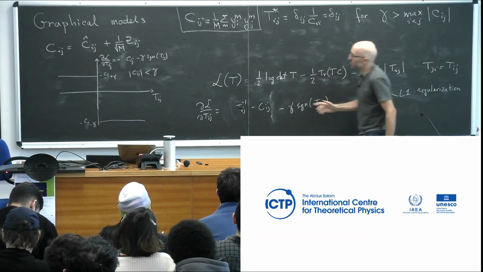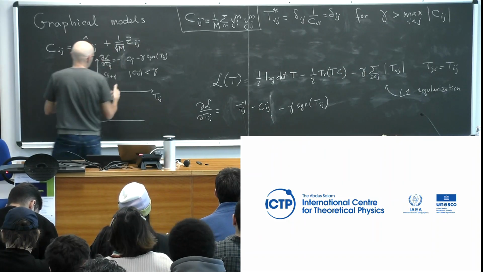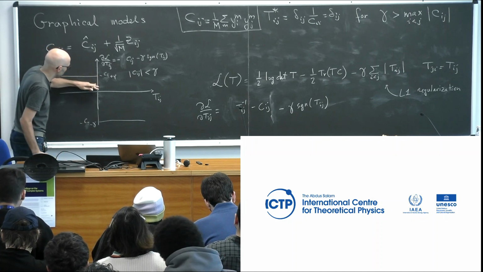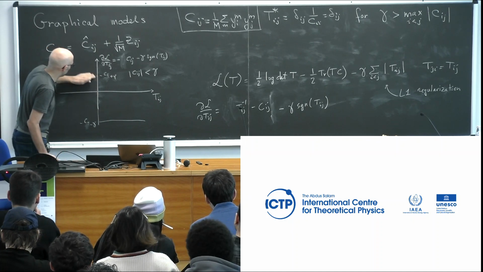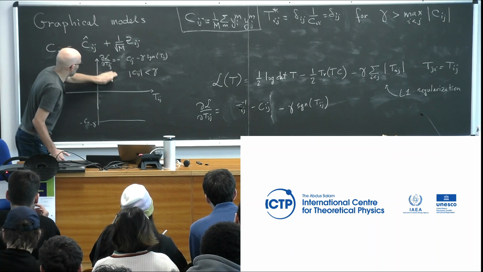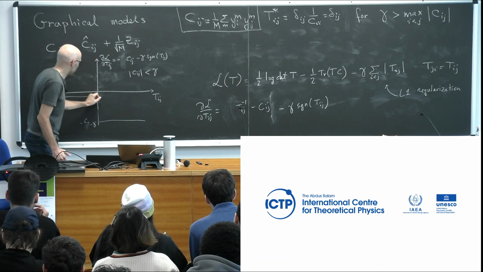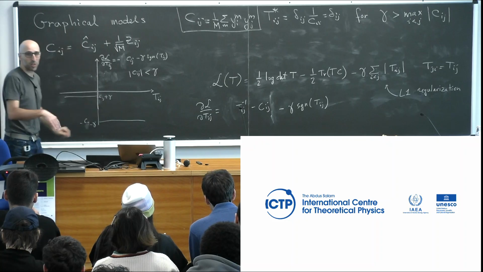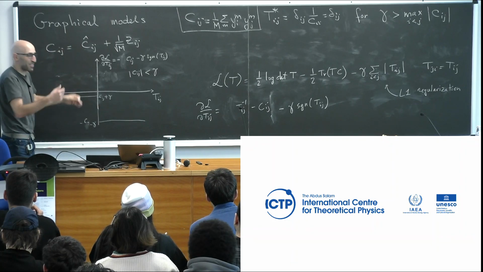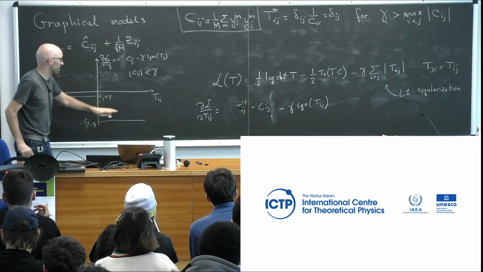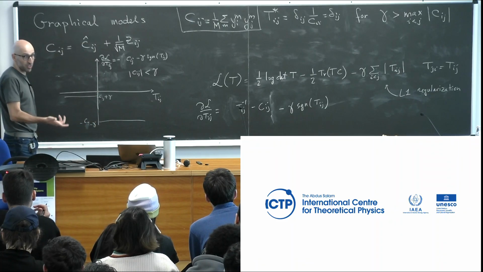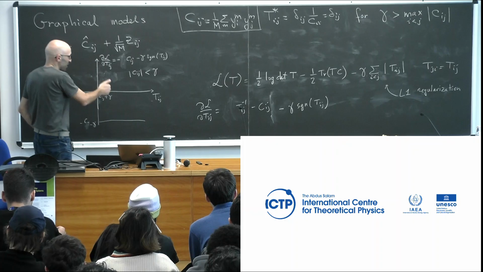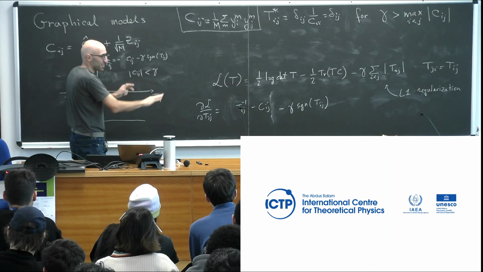If c_ij is positive, this will go down until at some point you go to this situation, right? When gamma is small enough, one of the off-diagonal matrix elements of t becomes non-zero, okay? And you can check that for all the others, they will stay 0.